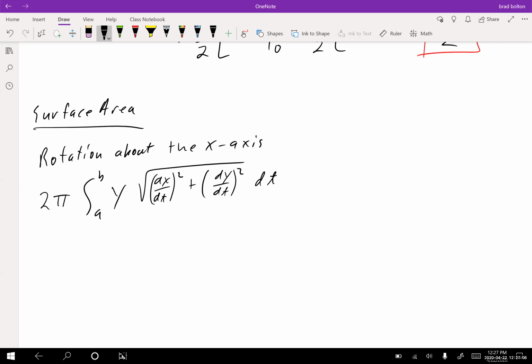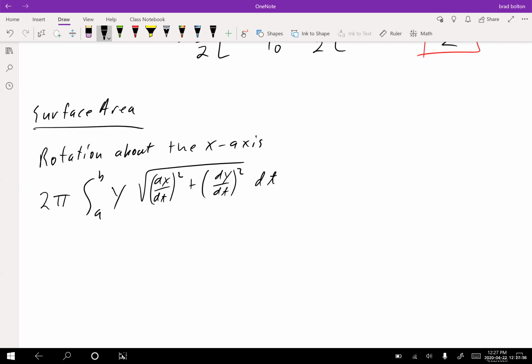You know, this is all mental. You can't actually do this. But you're taking these little strips, and it's almost like a piece of tape, and you're wrapping it around the object. And if you're wrapping it around in rotation with respect to the x-axis, then you use y. So this is basically 2 pi times r times the arc length, okay?